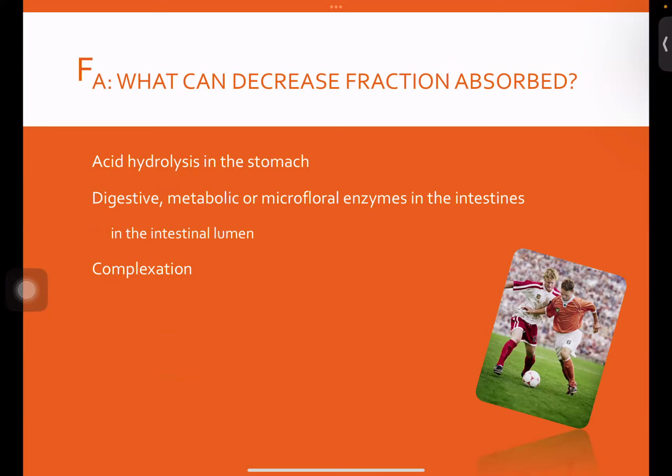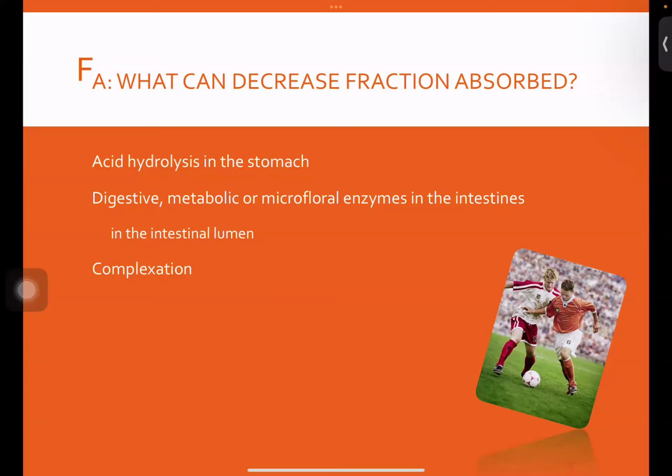So what can decrease fraction absorbed? It can be destroyed by acid in the stomach. There also could be digestive, metabolic, or microfloral enzymes in the intestine that break down the drug before it can get absorbed. It can also undergo complexation. Complexation is when the drug binds to something like calcium, for example.